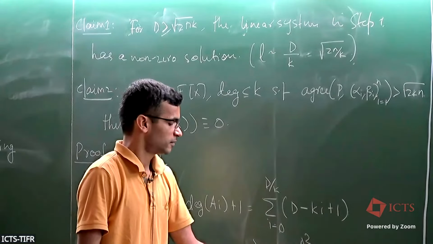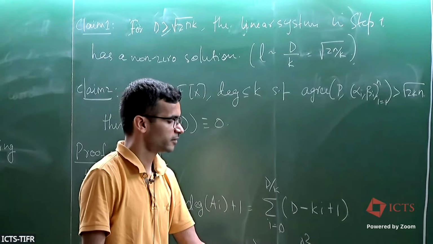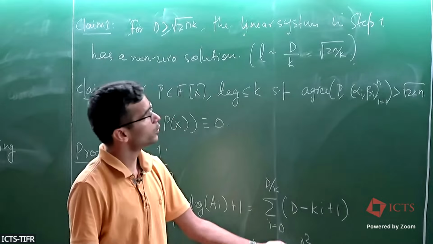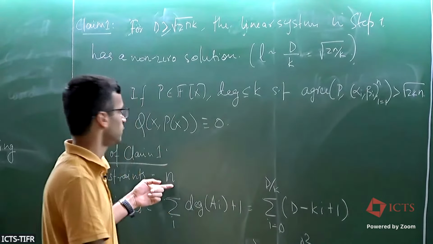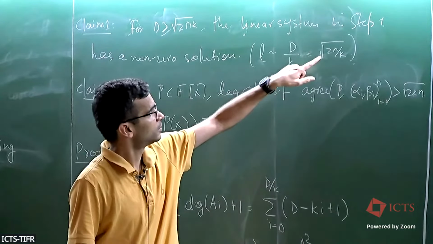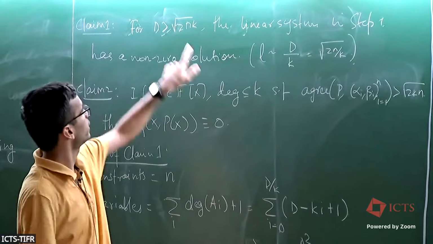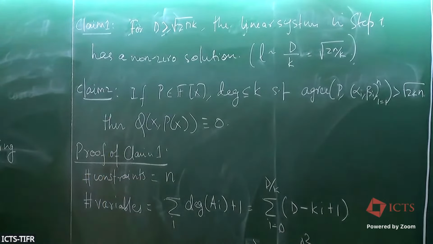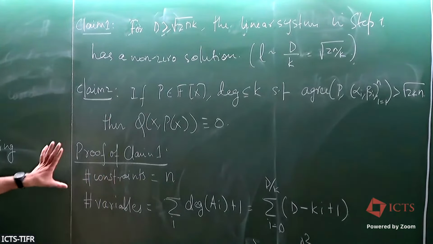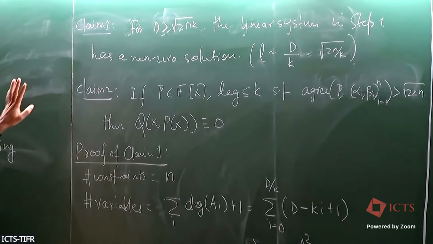So whatever this quantity is, the number of variables is greater than d squared over 2k. So if d squared over 2k happens to be greater than n, then we are good. If you pick d to be square root 2nk, then d squared over 2k is greater than or equal to n. So we are good. Step 1 will give us a non-zero Q, the solution of the linear system.